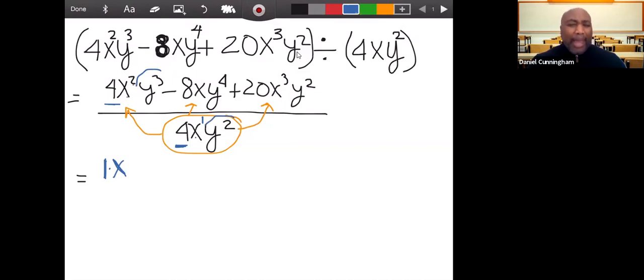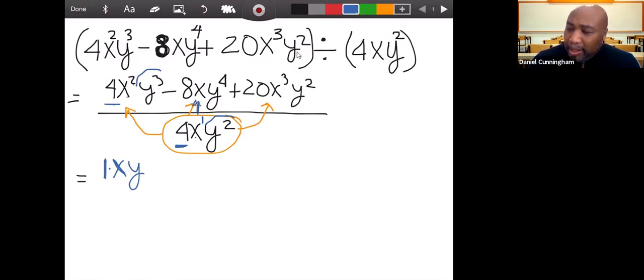Those are the same base. With the exponents, when dividing, you subtract: 3 minus 2 is 1. So the first term will be xy. That's basically 1 times x times y, or just xy. I'll change it in a minute. Now we'll do the same thing for the second term.